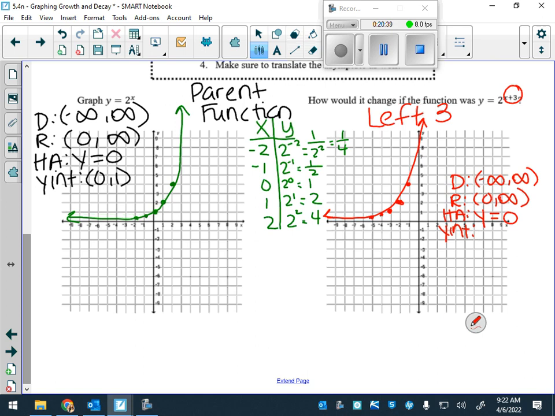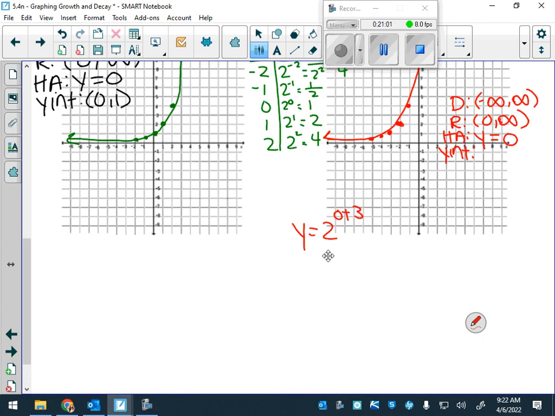However, your y-intercept, if we need to find that algebraically, here we need to, because we can't see it from our table of values. Our y-intercept, we substitute 0 in for what? X. Okay. If we substitute 0 in for x, we have 2 to the 0 plus 3. 0 plus 3 is 3. 2 cubed, which is 8.